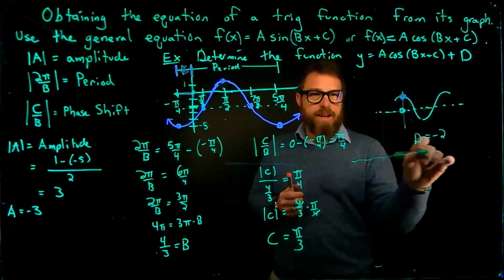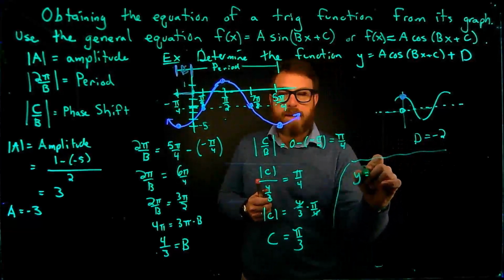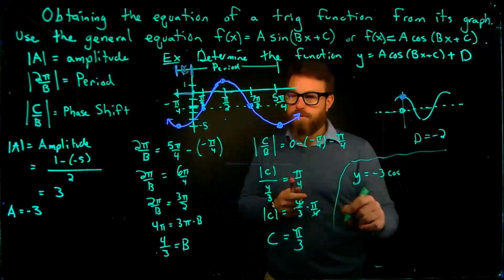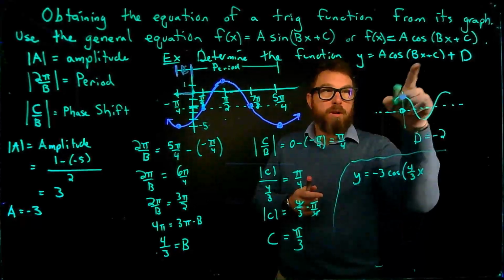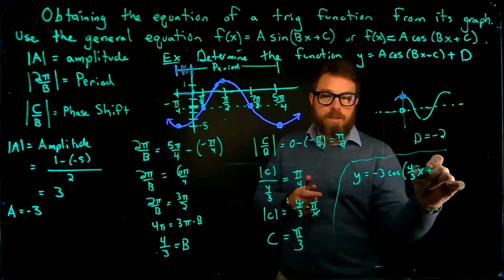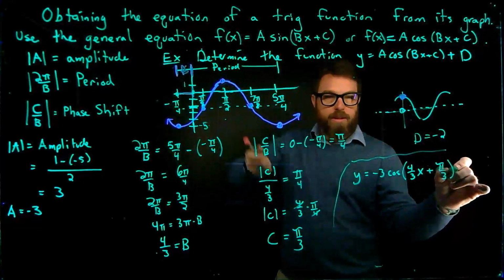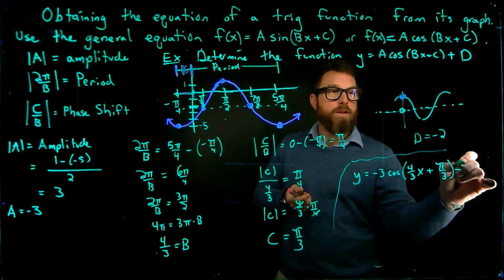So finally, our solution is: function y is equal to a, which is -3, times cosine. b was 4 over 3 times our x. c is positive this time because it's a shift this way. And it's been pulled down 2 units by a vertical shift of 2.